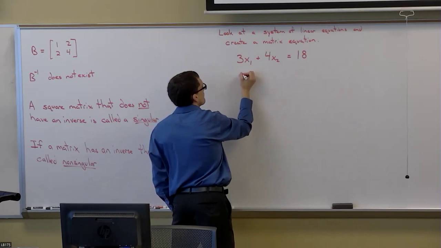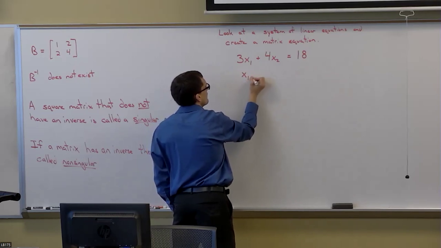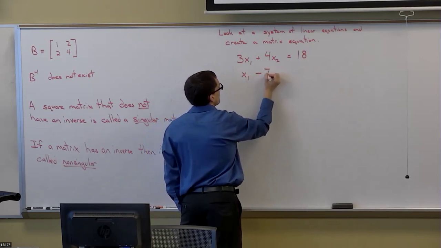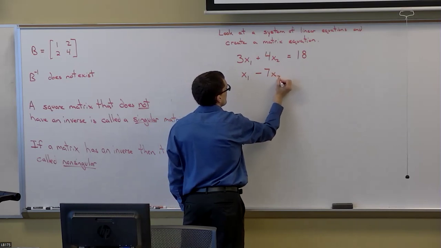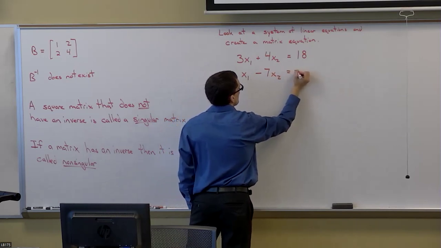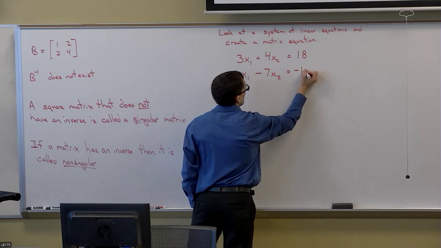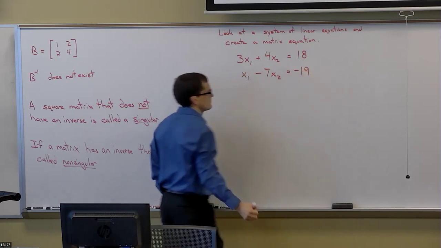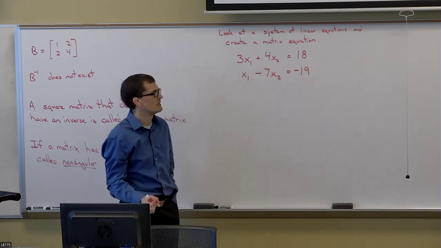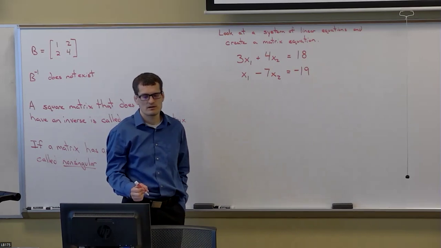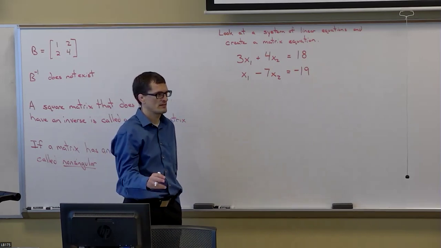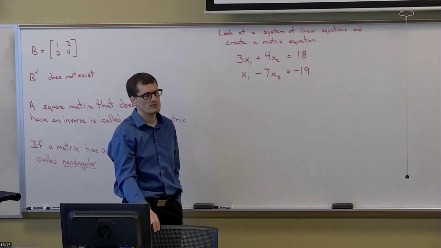And then I have x1 minus 7x2 equaling negative 19. Fair enough? Trying to get one that works out well.